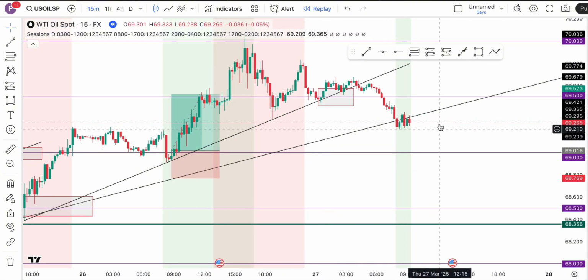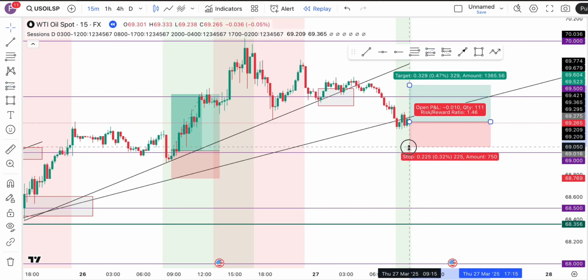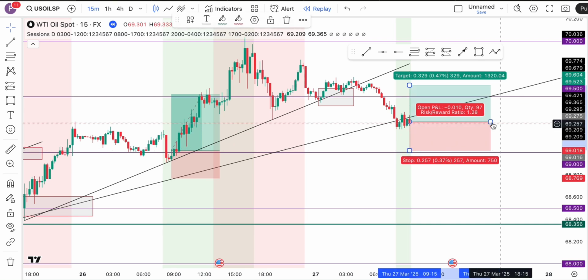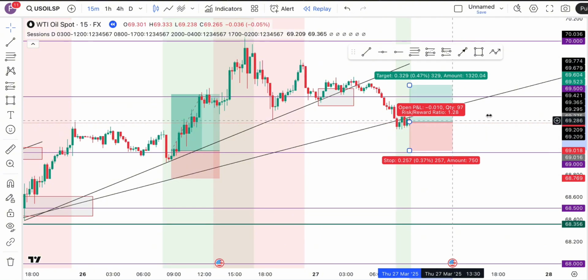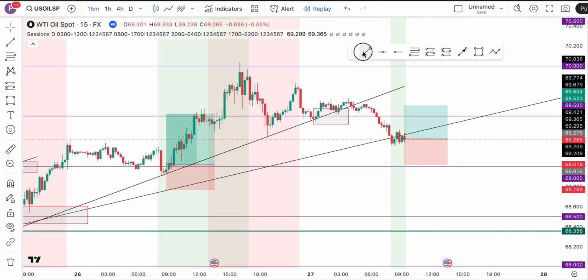This is the pattern I'm waiting for. Once I see this pattern here, I'll be buying right here. My stop loss will be 25 pips below. It's likely for price to come here because I'm seeing something that looks like this trend line here.